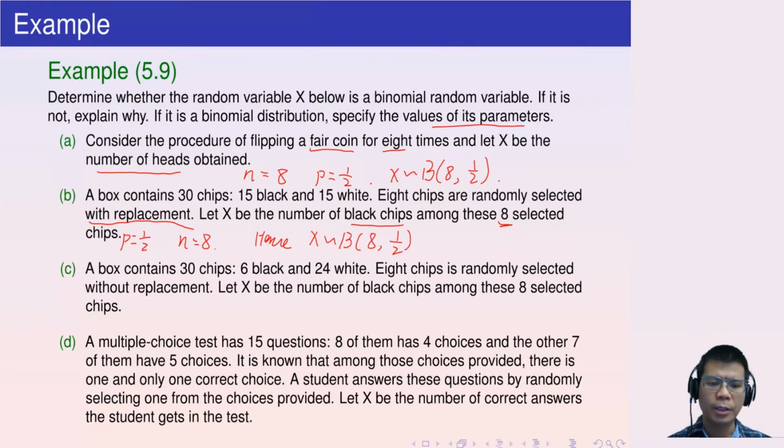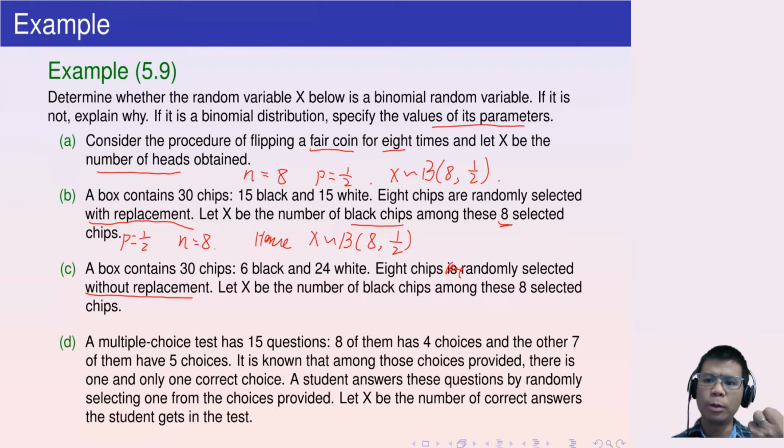Okay. C, a box contains 30 chips, 6 are black and 24 are white. 8 chips are randomly selected without replacement. Okay, without replacement, be careful here. X will be the number of black chips among these 8 selected chips. So for this one, since it's without replacement, they are not independent.